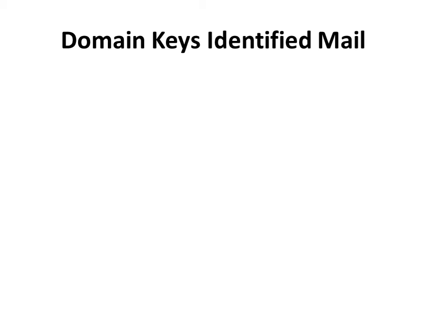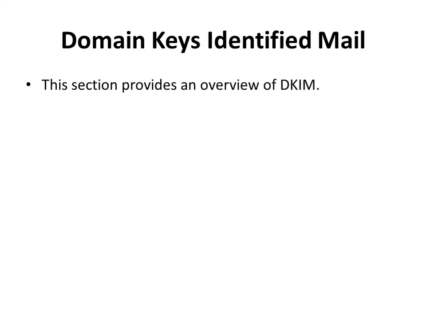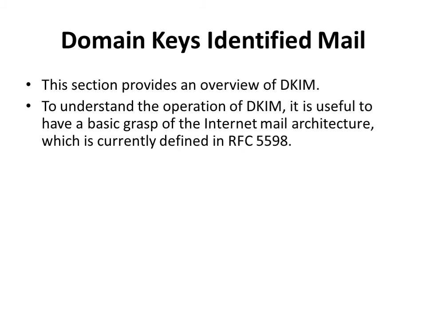Domain Keys Identified Mail. In this section, we'll provide an overview of DKIM. To understand the operation of DKIM, it is useful to have a basic grasp of the preliminary requirements, an understanding of the Internet Mail Architecture, which is currently defined in RFC 5598.